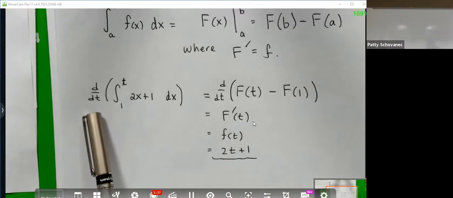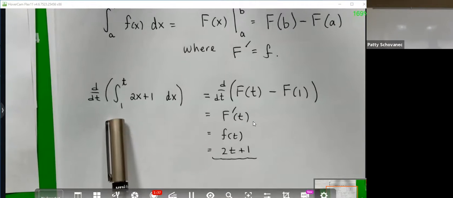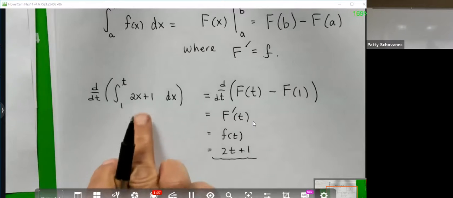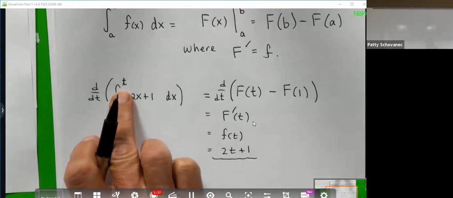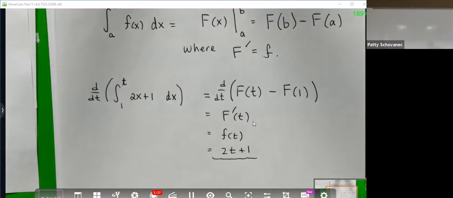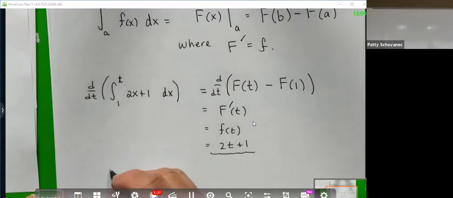It says that this operation, differentiation, and this operation, when done as a function of a variable, undo each other. And you end up with what you started with as a function of this variable. So it says this.